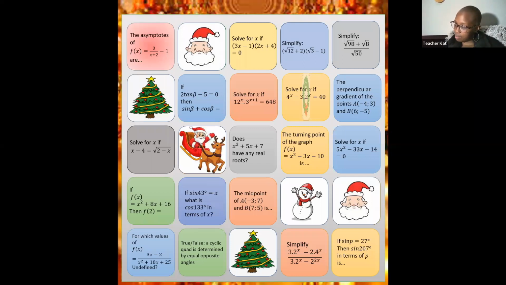So it'll be 3 plus or minus 13 over 2. So k is equal to either 8 or k is equal to negative 5. Okay. Who is that unmuted? Please, there we go.